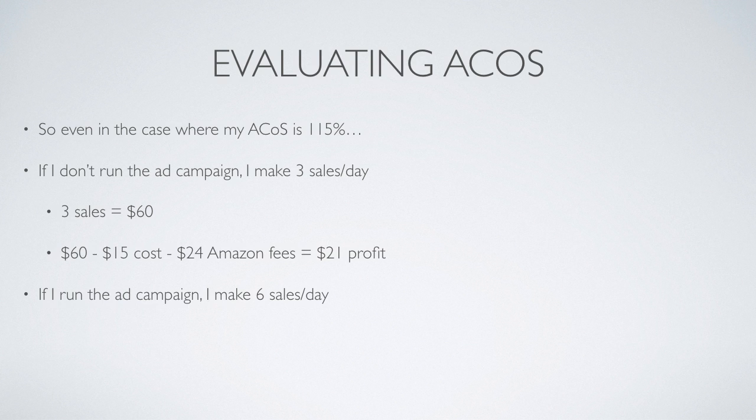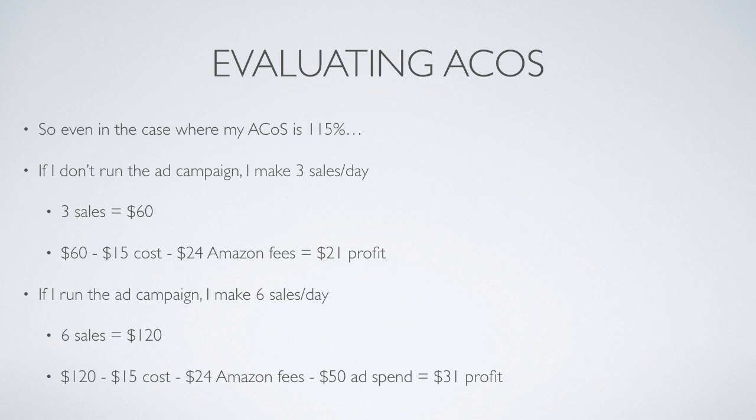Now consider if I run the ad campaign, right? If I didn't run the ad campaign, I was making three sales, but as we said, if I was running the ad and that led to 3 additional organic sales, so instead of 3 sales a day, because I'm running the ad, I'm making 6 sales a day, then I'm making $120. If each sale is $20, then I'm making 6 sales that result in $120 total revenue.